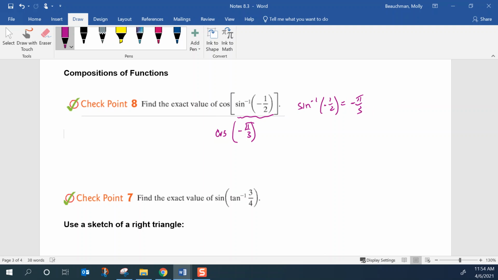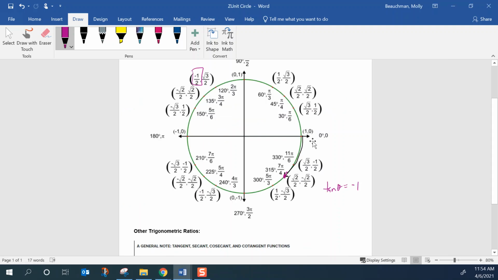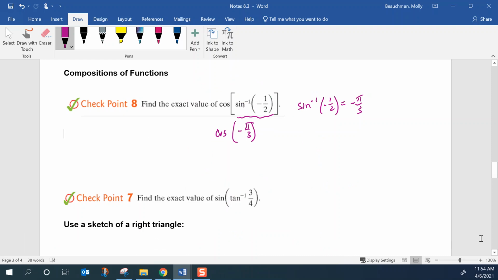Then take the cosine of negative pi over 3. So negative pi over 6. Sorry about that. Let me go back and correct that. That's pi over 6. So we want the cosine of negative pi over 6.